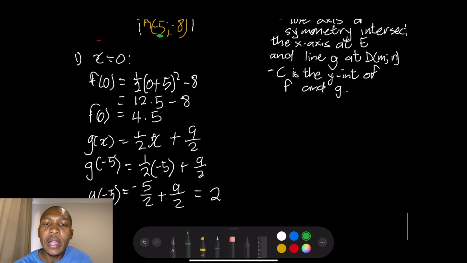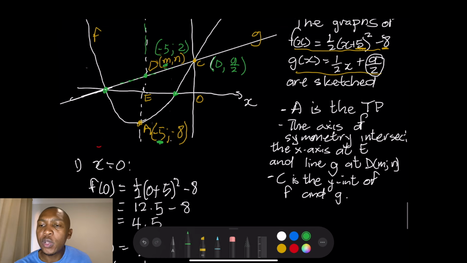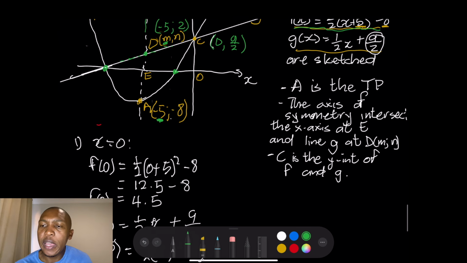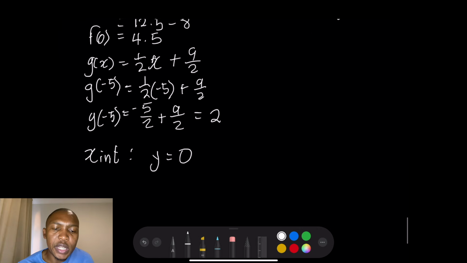Okay, so if I wanted to find the x-intercepts there, I would take the original equation of f of x and make it equal to 0. So remember, for your x-intercept, we know that y is equal to 0. So let's take that original equation.